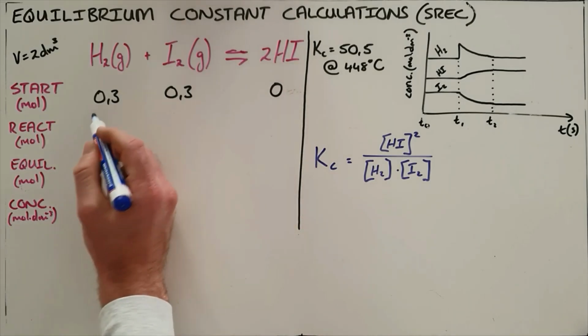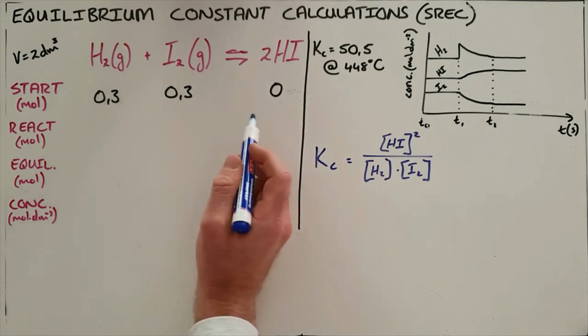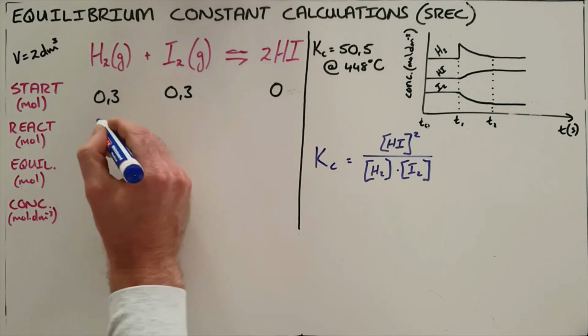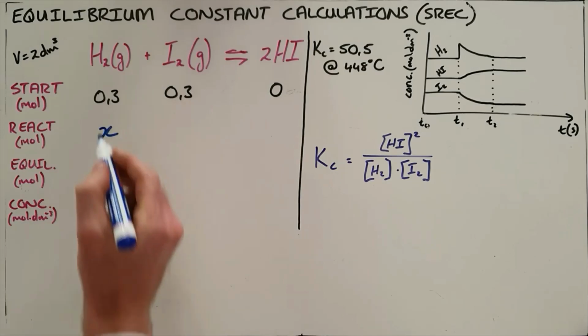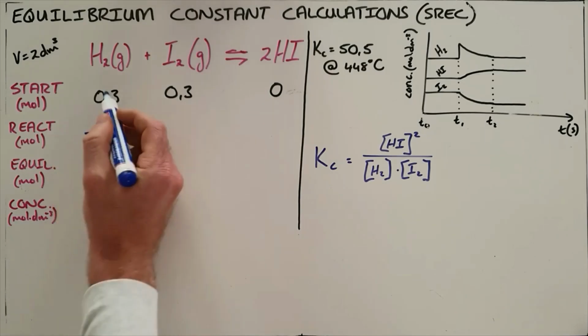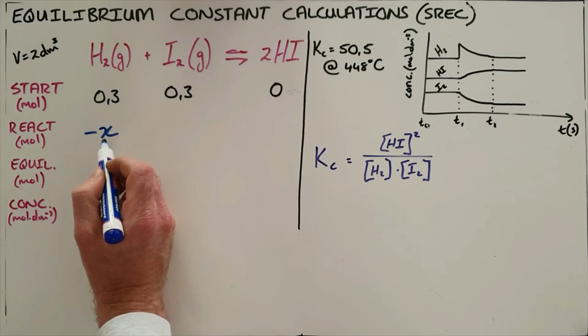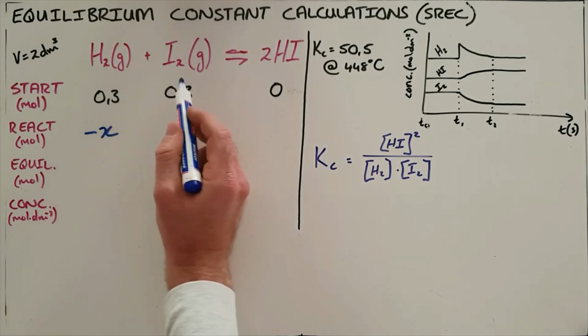So the way we do that is we say that in order for equilibrium to be established, a certain amount of hydrogen must react. We are going to call that amount X, and it is obviously removing from the amount of hydrogen, so we say a negative amount of X reacts. The same goes for iodine.